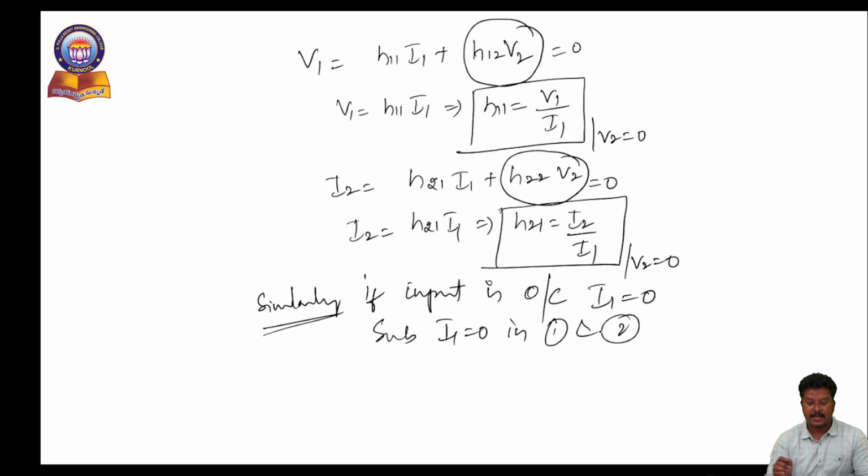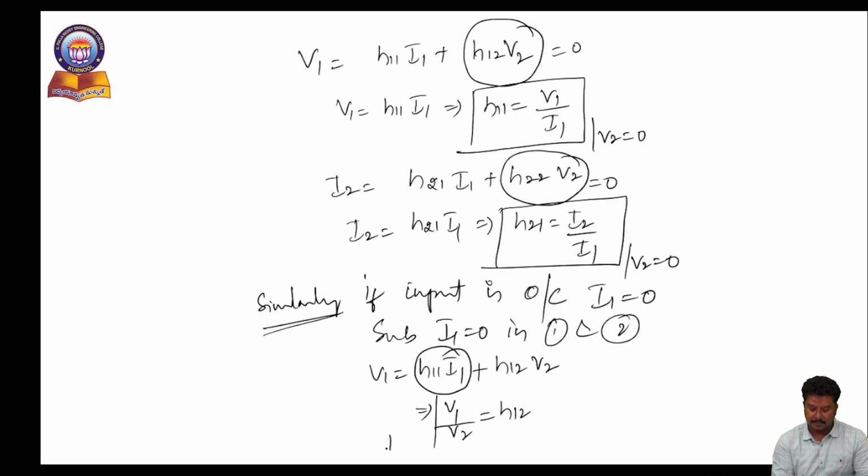After substituting I1 is equal to 0, in V1 is equal to H11 I1 plus H12 V2, this term is becoming 0, and finally I am getting V1 by V2 is equal to H12 by considering I1 is equal to 0.